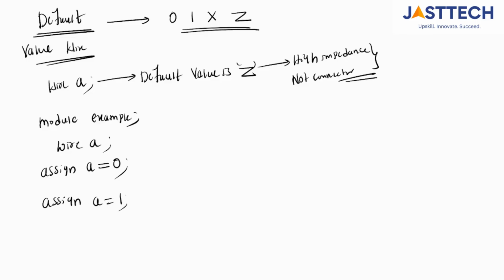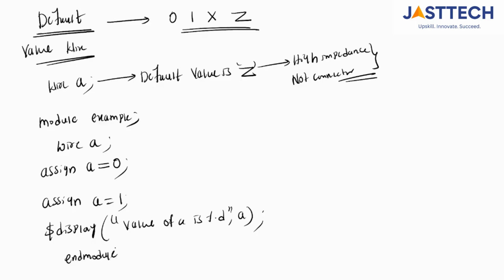And I am using the system task $display to display the value of A: the value of A is %d, A. End module. So can you guess what is the value of A after executing this code?